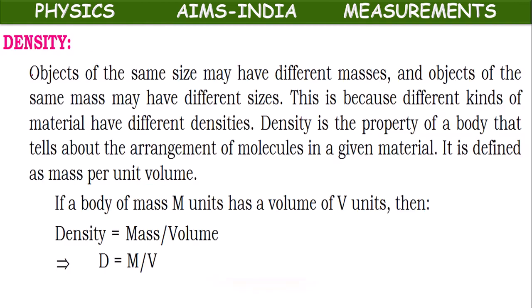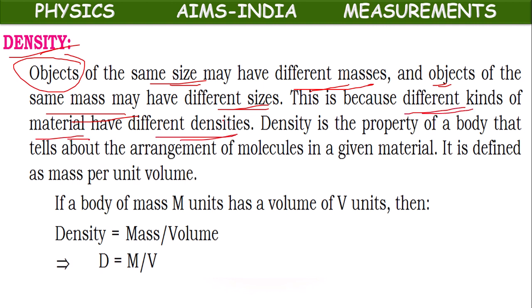Next, density. Objects of the same size may have different masses, or objects of the same mass may have different sizes. Why? Because different kinds of material have different densities.